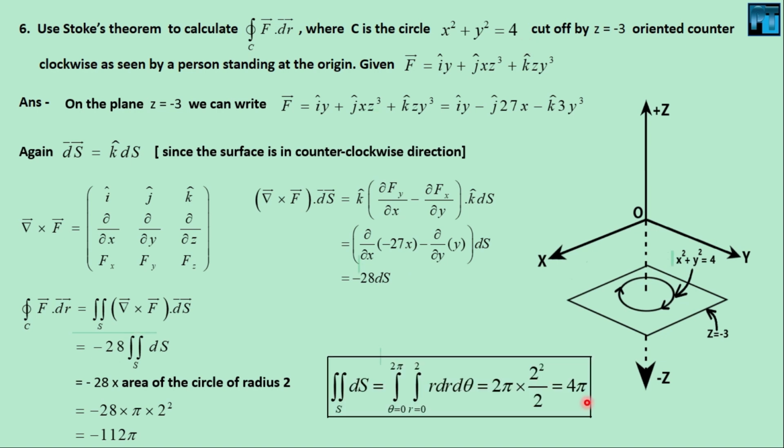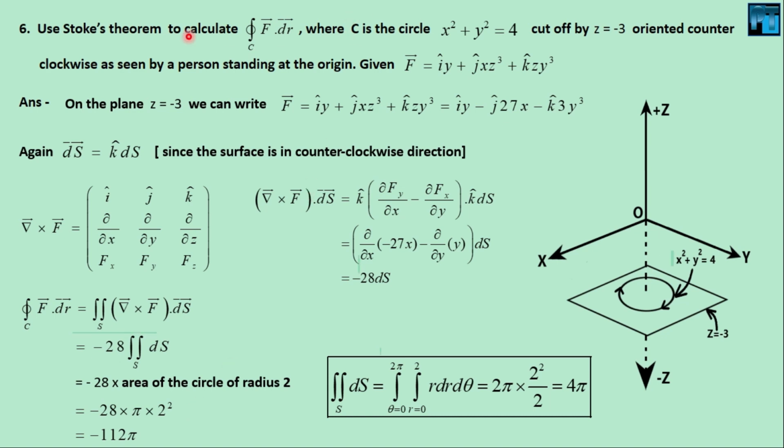Actually, if in your answer script the weightage is 4, then I prefer not to use this area of the circle of radius 2 term. Rather use the polar format. If you use area of the circle of radius 2, pi r square, that is not wrong, that is technically perfectly right, but it depends upon the weightage.